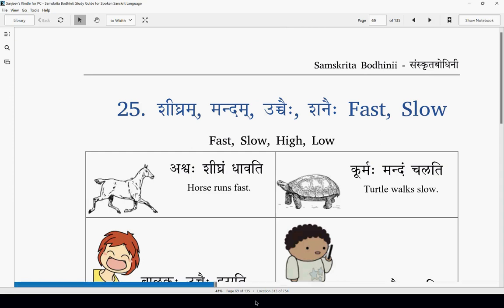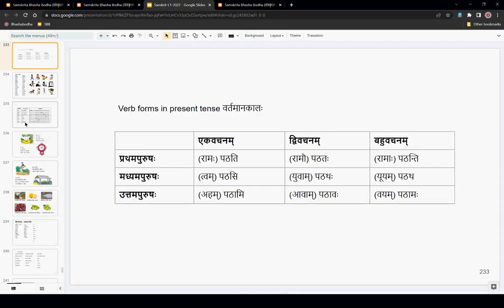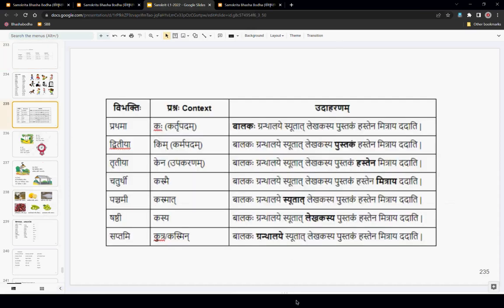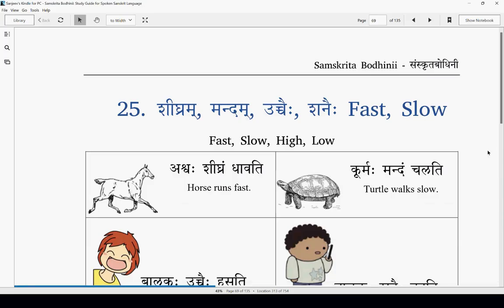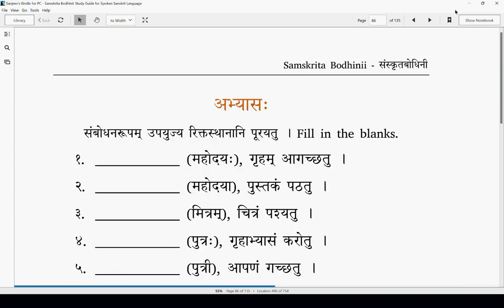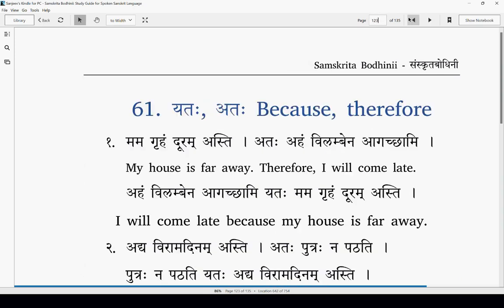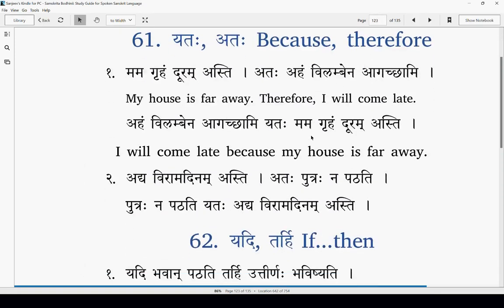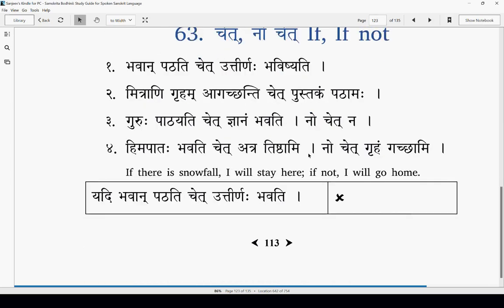Page 1 to 3. Yeah, this one, the same table in the book. If you go to page 1 to 3. Type here. No, this page is different. 113.